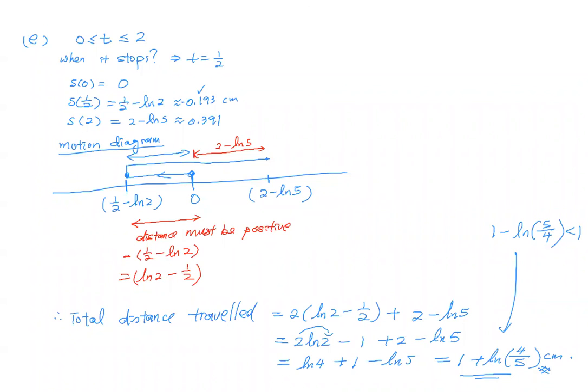Student? If you write it like that also is okay. It's also correct. Okay, so I will leave it to you. So whenever it involves ln, you have to be very, very careful. Clear? Okay.